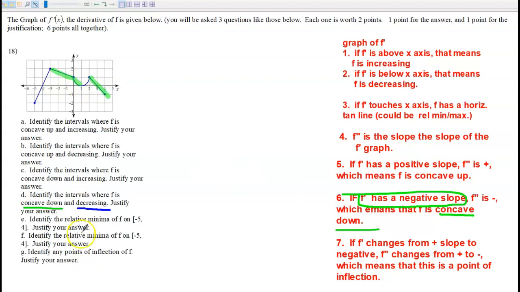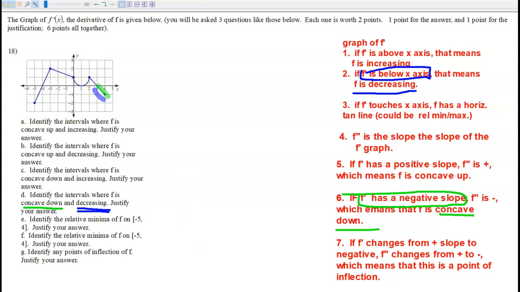And now we want to know, where is f decreasing? F is decreasing anytime f prime is below the x-axis. So that would be over here on the left and over here on the right. And so the only places where the blue and the green are happening simultaneously would be on that little wing on the right side over there.